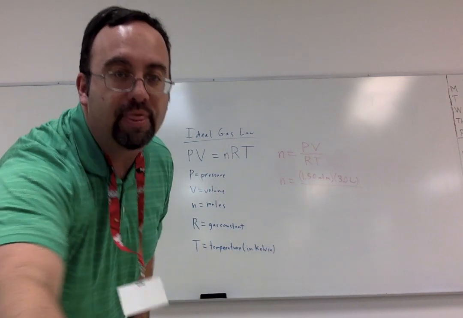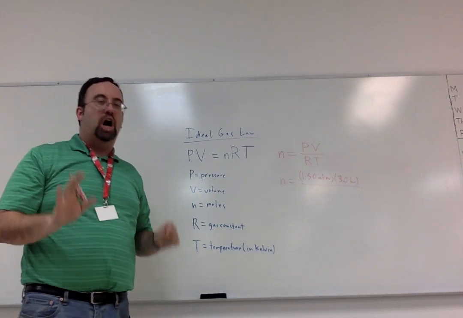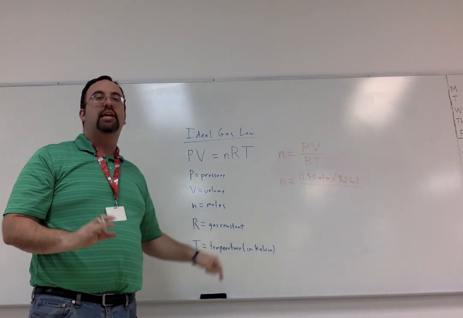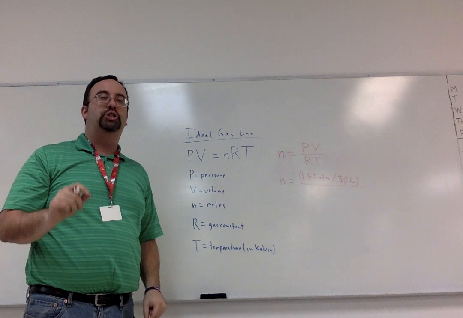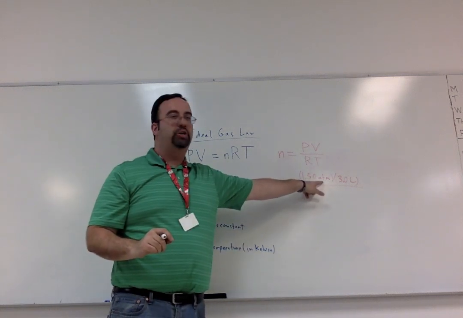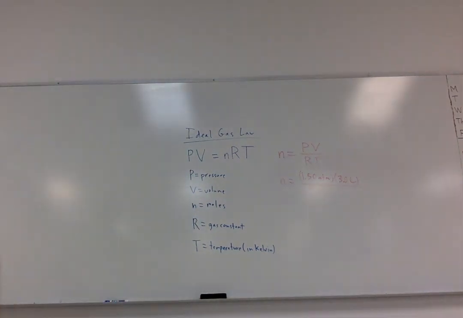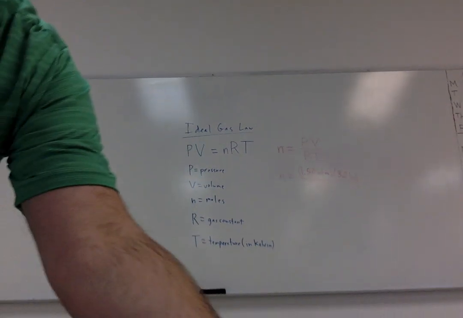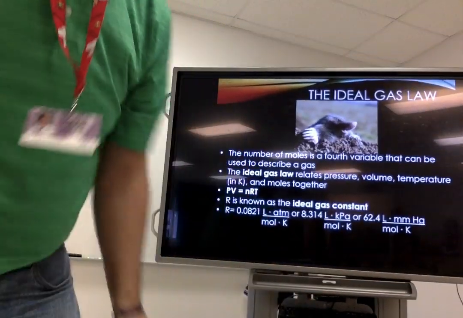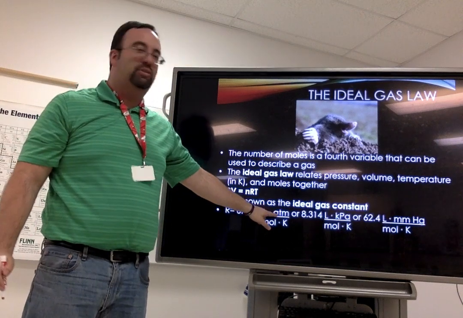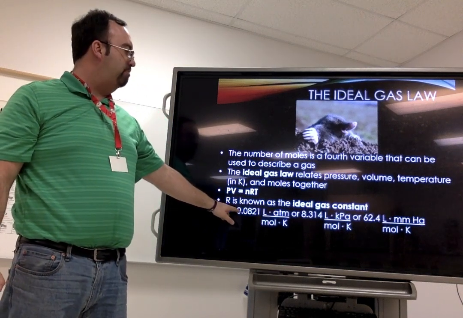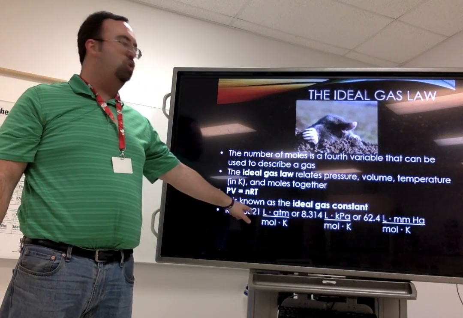Remember now that R is our gas constant, and our gas constant depends upon the pressure unit. Notice that our pressure unit in this case is atmosphere, and if you look back to our board over here, you will see that in terms of atmosphere, our gas constant is going to be 0.0821.